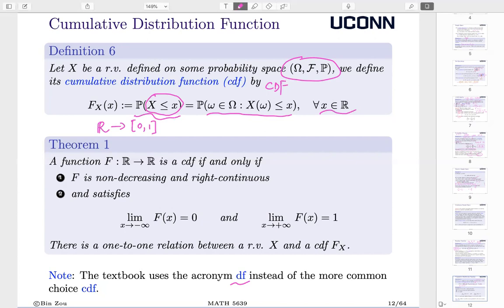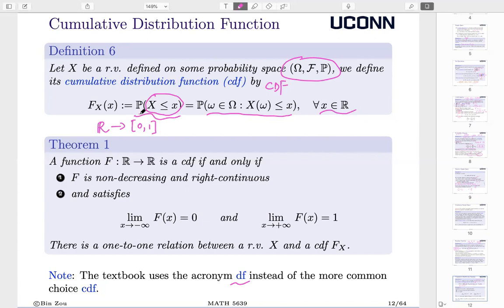I'm pretty sure you all know the definition of CDF. Here we have a quick theorem. It's not that important, but let's quickly mention it. A function is a CDF if and only if this function is non-decreasing and right continuous.